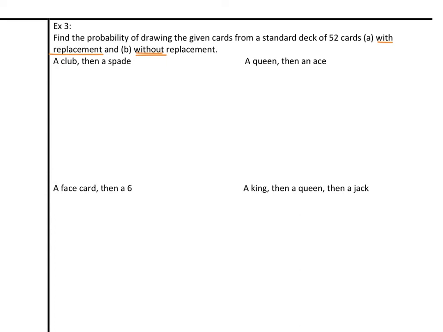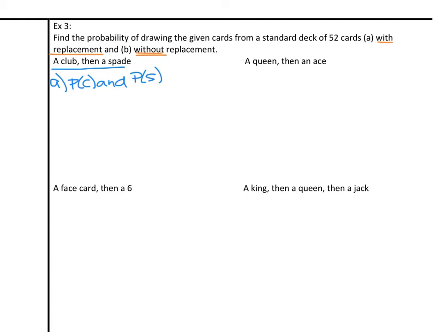It says find the probability of drawing a club and then a spade. So in part A, we're going to draw the club, put the card back, and then we want to draw a spade. These would be independent probabilities. So we would want the probability of getting a club, and drawing again, the probability of getting a spade. And means we would multiply them together.